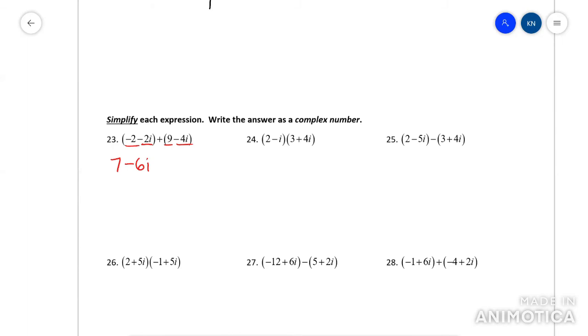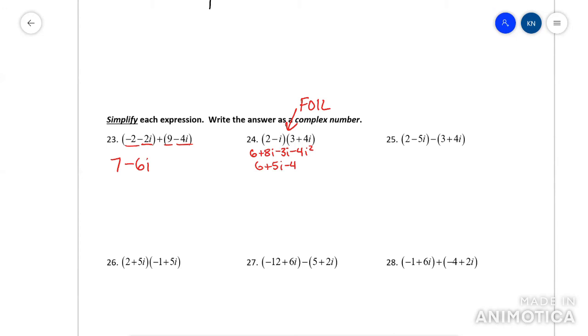When there's nothing in the middle, this is when you have to run FOIL. So FOIL it out, you would get 6 plus 8i minus 3i minus 4i squared. Combine your like terms in the middle, that makes plus 5i.